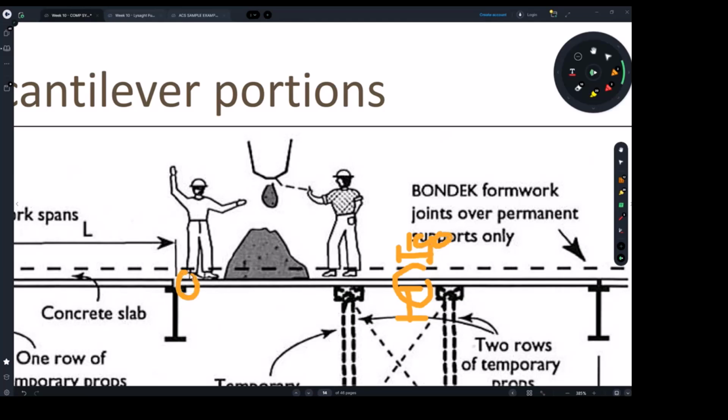And at the ends, if it's sitting on a steel beam, it needs to be 50 millimeters. But with bonding, because we have steel, we're going to make it 40.